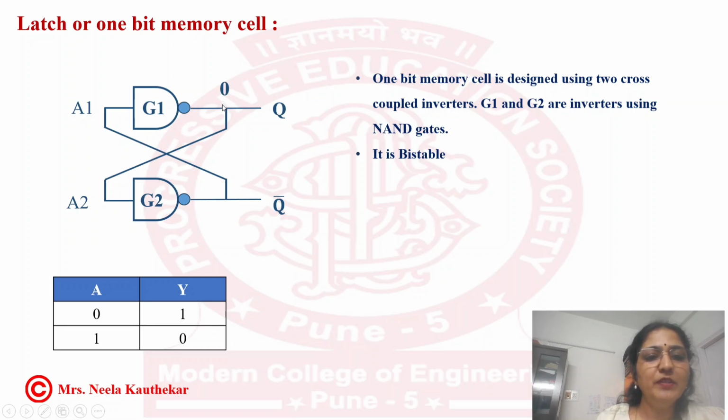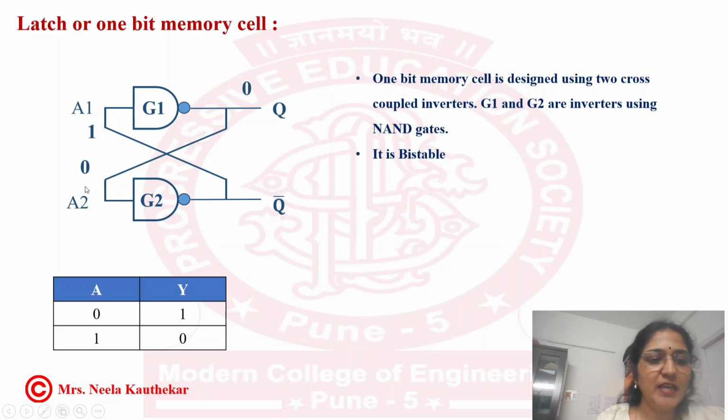This 0 is applied as an input to G2. The output of G2 is inverted and you will get 1 here. The 1 is applied again as input of G1. As an inverter, the output of G1 will become 0.